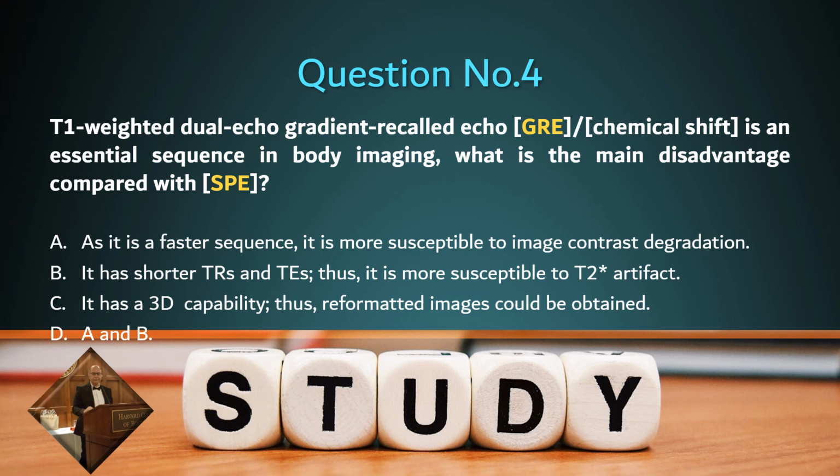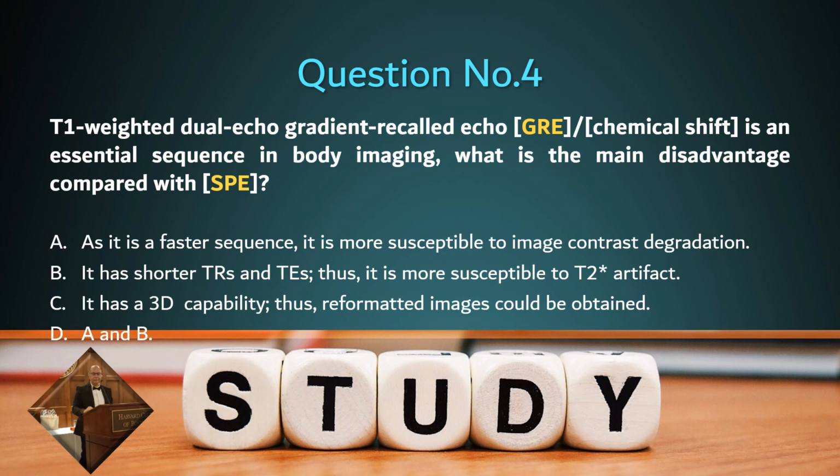Question number 4. T1 weighted dual echo gradient recalled echo, or chemical shift, is an essential sequence in body imaging. What's the main disadvantage compared with spin echo? It is a faster sequence, so it is more susceptible to image contrast degradation.